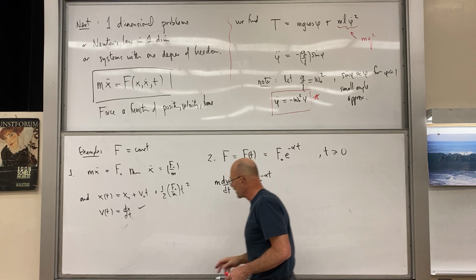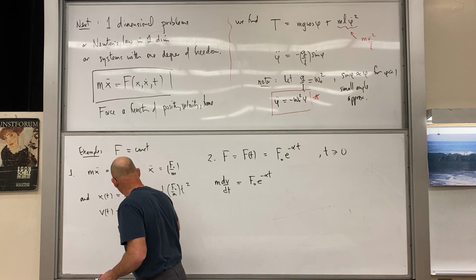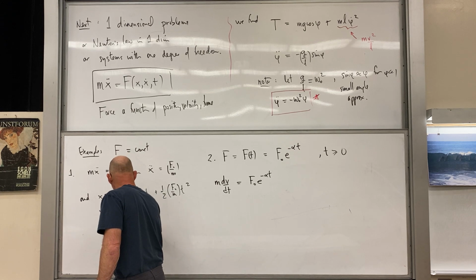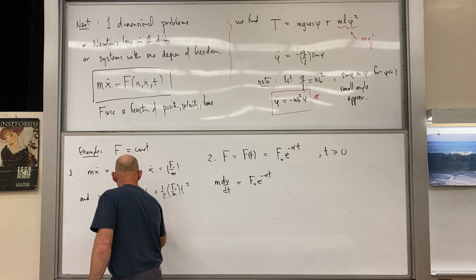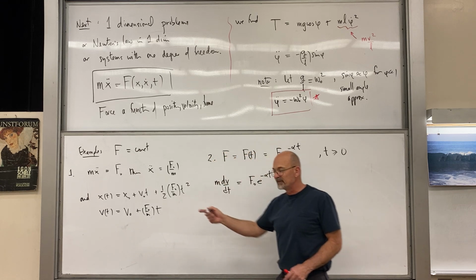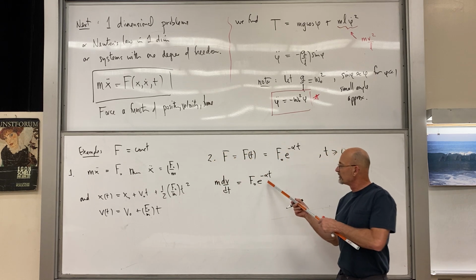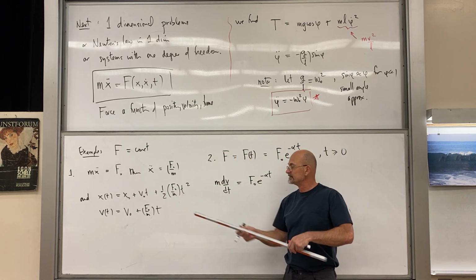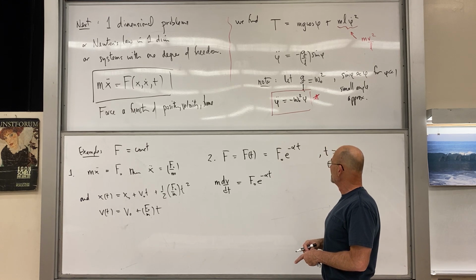Actually, you know what, for these comparison purposes I'm driving at here, let's go ahead and remind ourselves this would be v0 plus F naught over m t. Okay, that's the v of t. Because we're going to go ahead and solve this, and then we're going to take a certain limit.